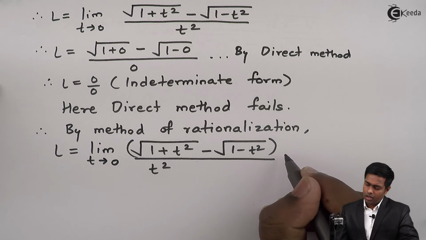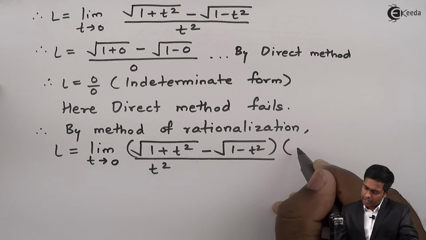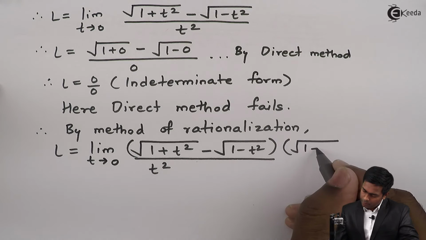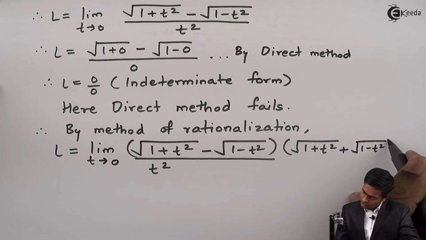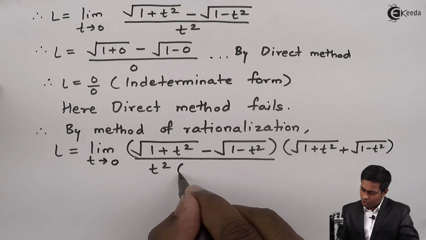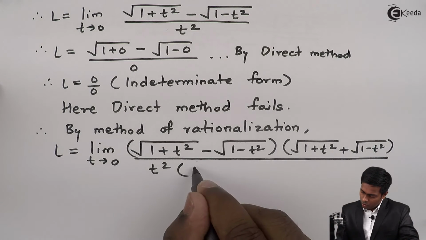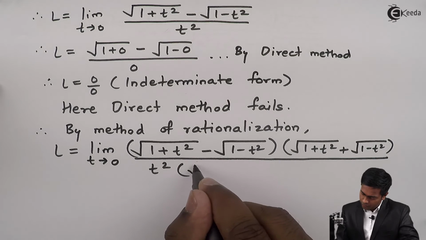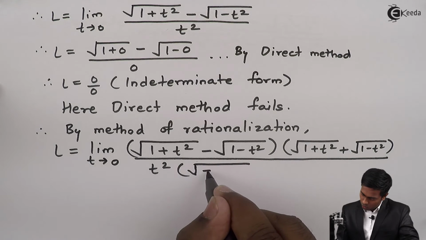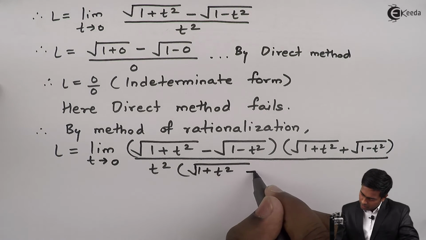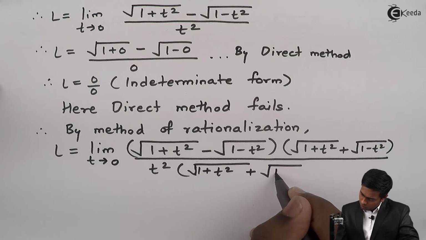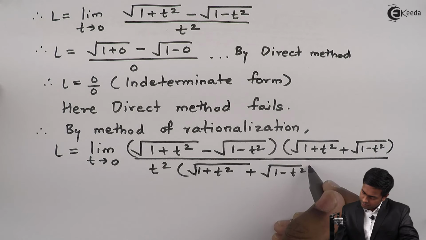Now I am performing rationalization, so I will multiply the numerator with root of 1 plus t square plus root of 1 minus t square. Similarly, I will multiply the denominator with root of 1 plus t square plus root of 1 minus t square.